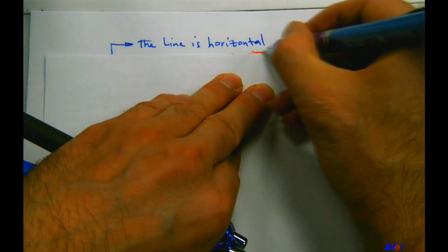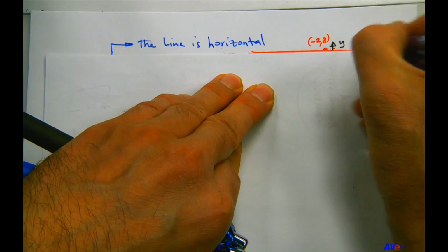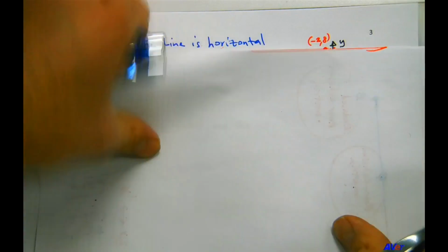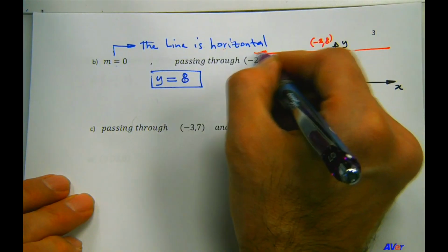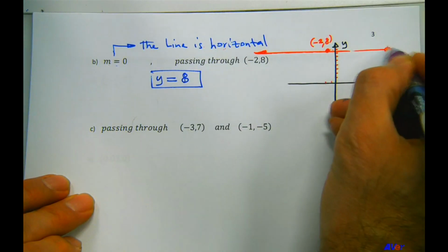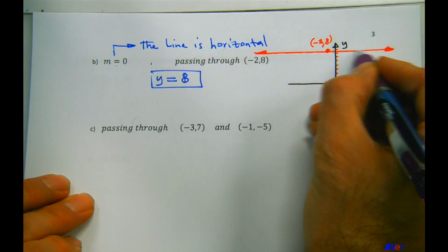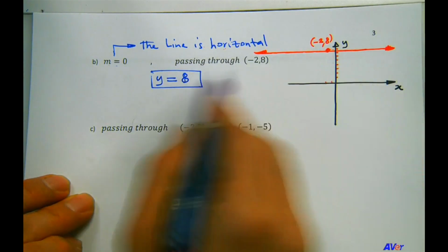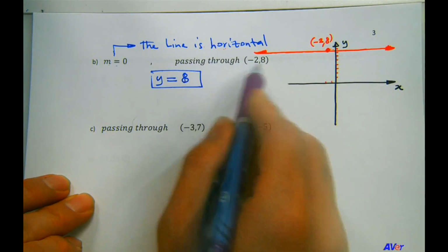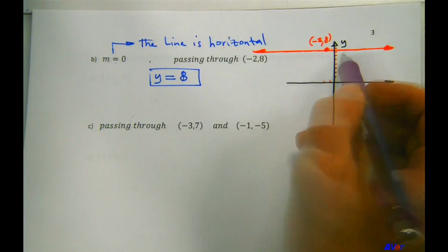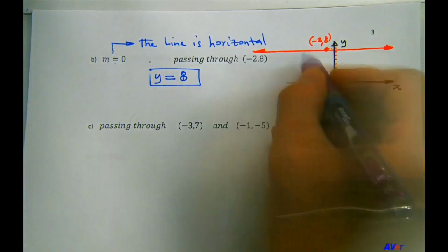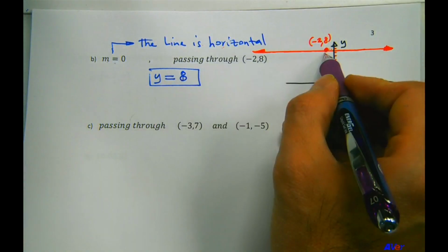Okay, like that. Okay, so that's the horizontal line with slope equals 0. That is passing through that point, negative 2 comma 8. Okay, so what would be the equation of that line? Well, y equals 8, right?